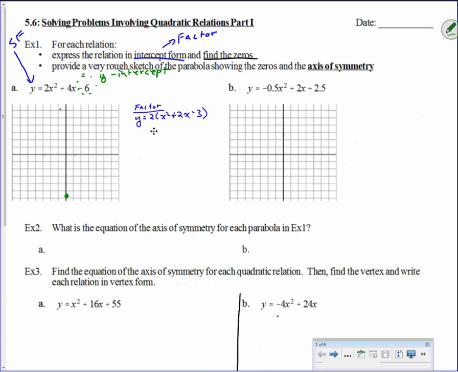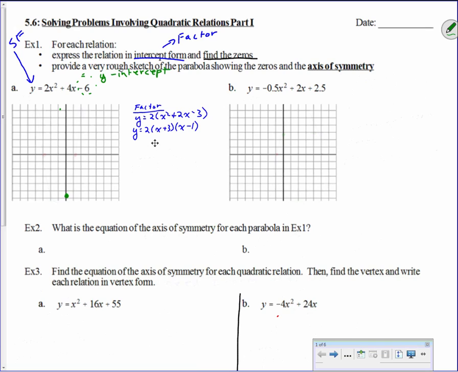Now, when we factor, you have to pull off the 2 and then divide all of these numbers by 2 to get 2(x² + 2x - 3). Then when you factor accordingly, using all of your steps, you're going to end up with 2(x - 3)(x - 1).